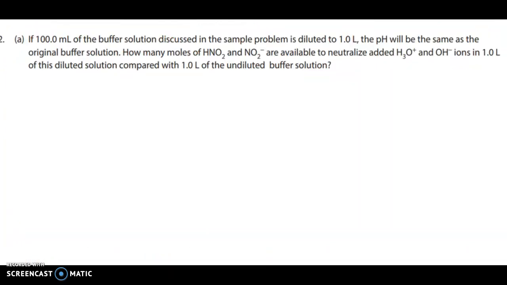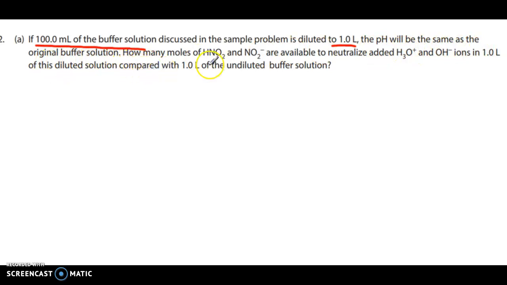Okay, number 2. If 100 milliliters of a buffer solution discussed in the sample problem, so we're still dealing with the nitrous acid, is diluted to 1 liter, the pH will be the same as the original buffer solution.